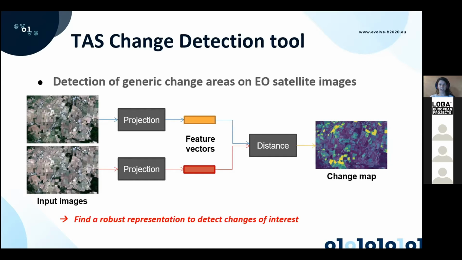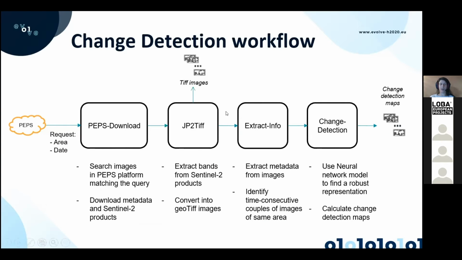Once we obtain these two new representations, we can take the difference between them to get our change detection map, as you can see here. In this case, the yellow area represents vineyard that has been affected by frost.